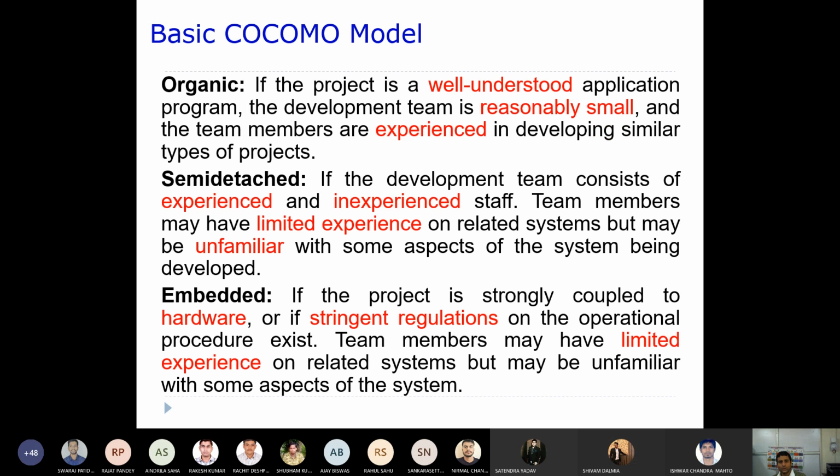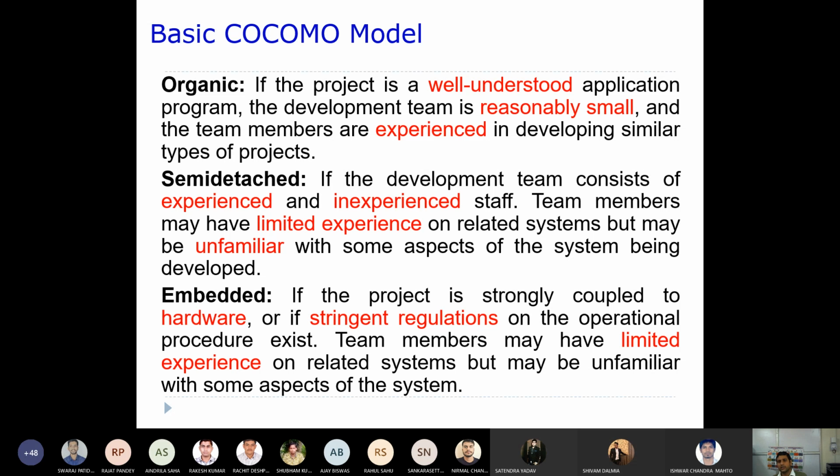Now according to Boehm, these are the three categories. The first category is organic.